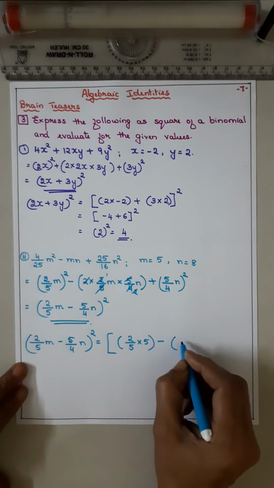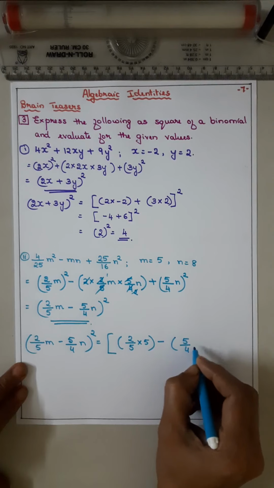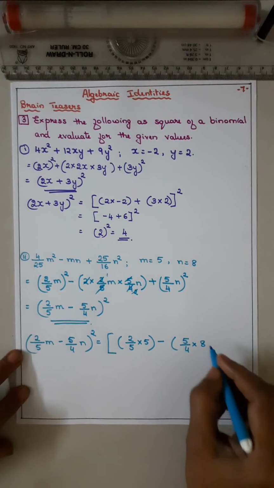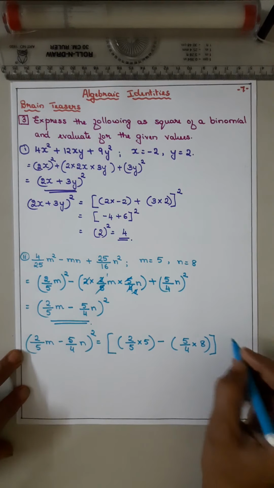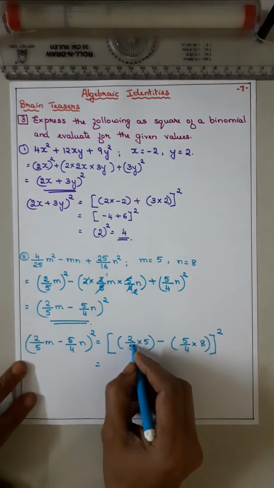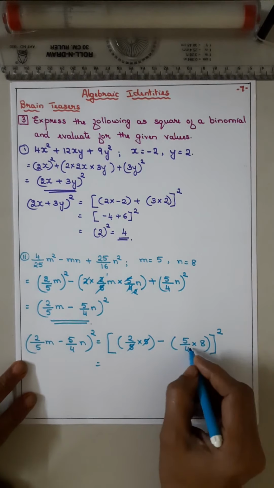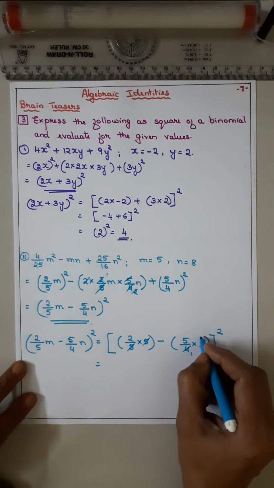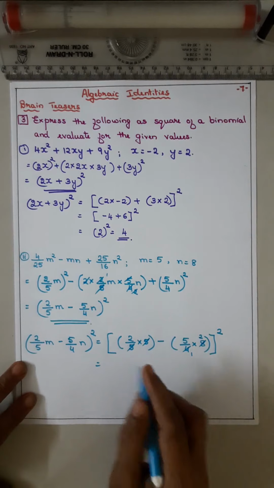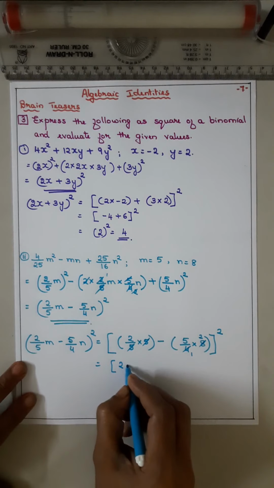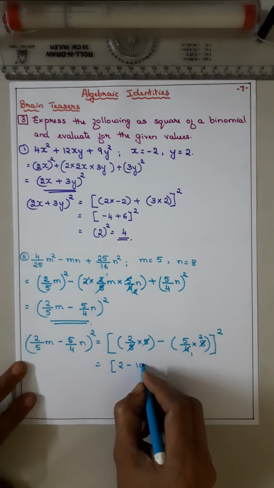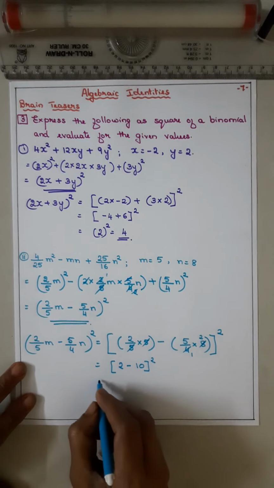Minus, bracket open, 5 by 4 into n is how much? 8. Now bracket close, square bracket and the whole square. Now 5 gets cancelled. 4 ones are 4, twos are 8. Now here what's remaining? It is 2 minus 5 twos are 10, the whole square.